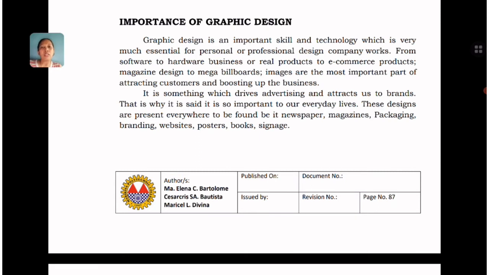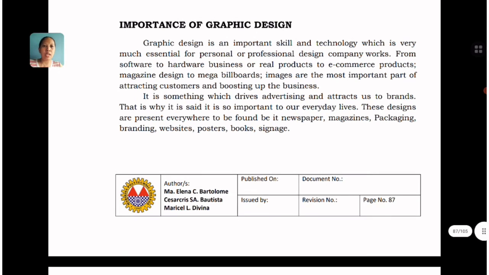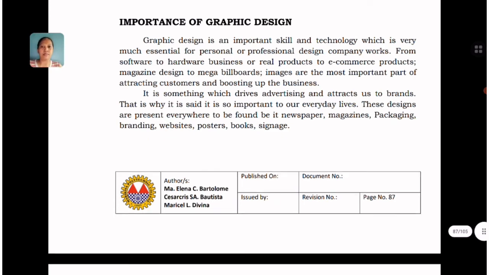Kung gagawa ka ng design para sa sarili mo, siyempre, i-consider mo kung ano yung gusto mo. Pero siyempre, kung gagawa ka ng design for a product or service, at gusto mo syempreng maibenta yon, dapat ang aim mo ay yung target customer mo or target audience mo, kung ano yung makaka-attract sa kanila.